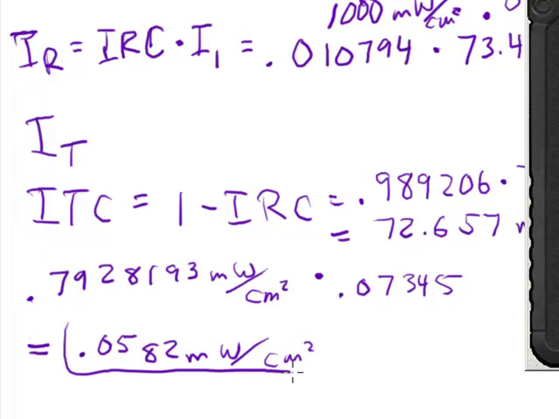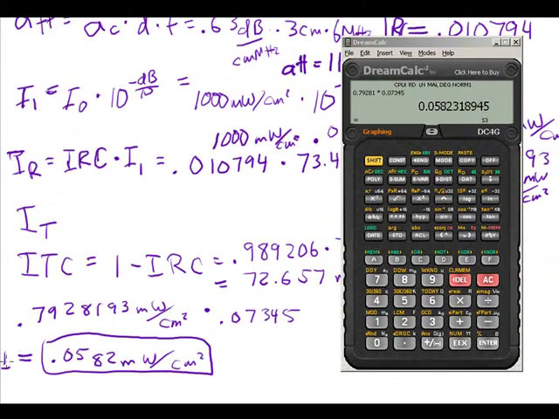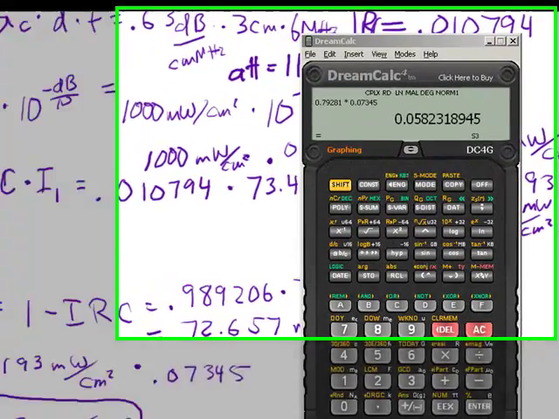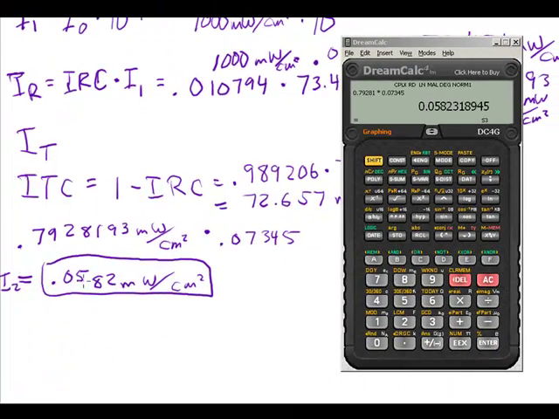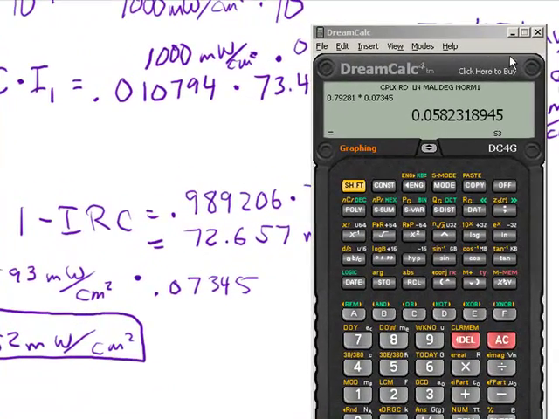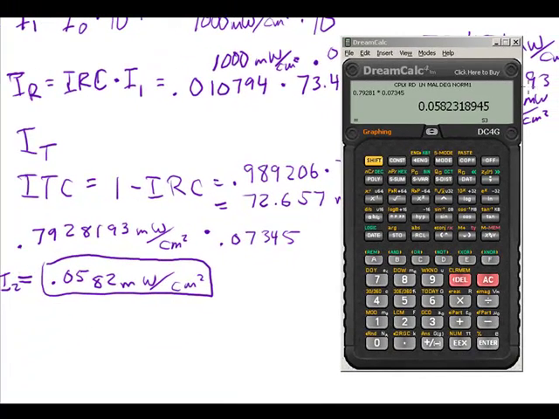So the reflected intensity that's finally received at the transducer from that interface, which I called I2, I believe. Yes, I2 is 0.0582 milliwatts. So that's all that's left for I2.